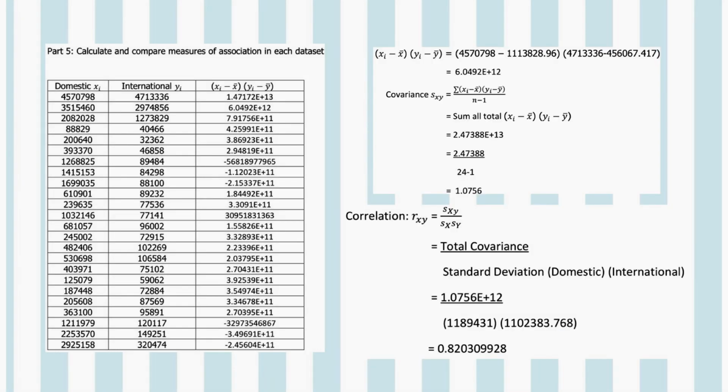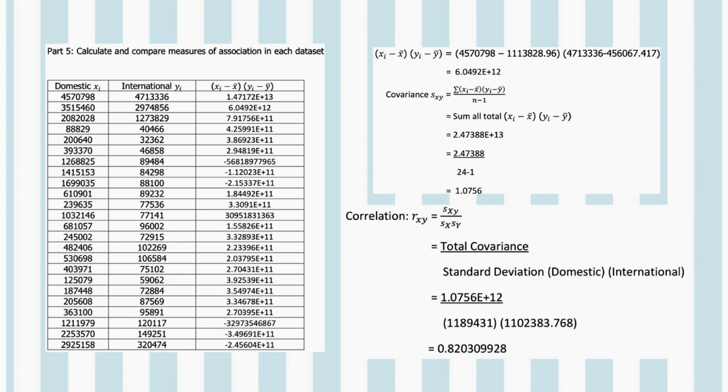After we get the values of X bar and Y bar, we need to find the covariance. To find the covariance, use the formula: sum all the totals of Xi minus X bar multiplied by Yi minus Y bar. For example, the total of Xi minus X bar multiplied by Yi minus Y bar in this data is 2.47388. 2.47388 divided by 24 minus 1 equals 1.0756.